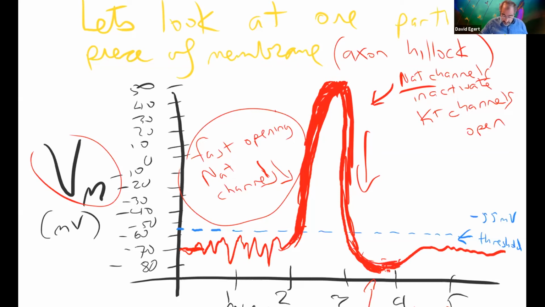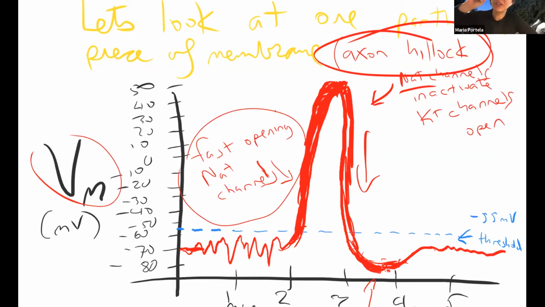But then after about a millisecond, everything's rested and back to normal. So does this make sense? This is looking at an action potential on one little piece of membrane, specifically at the hillock here. But we're going to be watching what happens as this chain reaction occurs. But you have to understand this piece first.